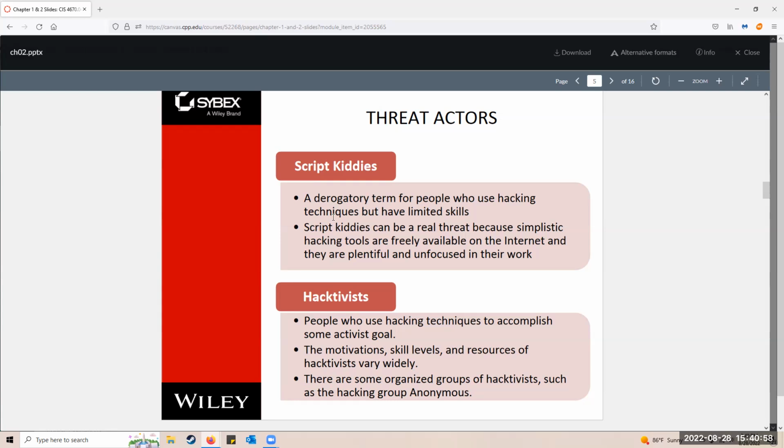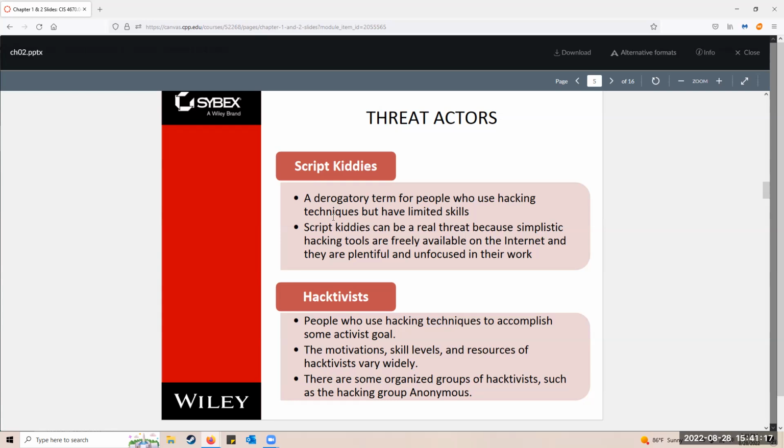Some really big hacktivists right now are the Digital Army of Ukraine, which is fighting against the Russians over the Ukraine conflict. That is probably the biggest hacktivist group on the planet at this point in time.